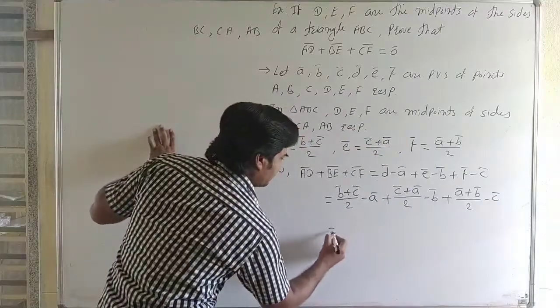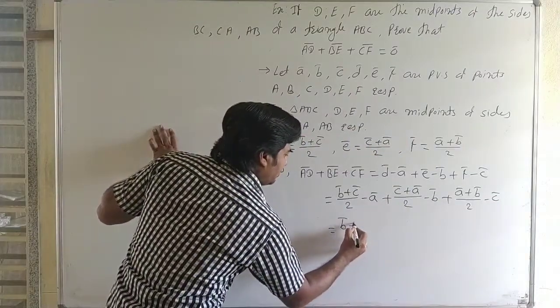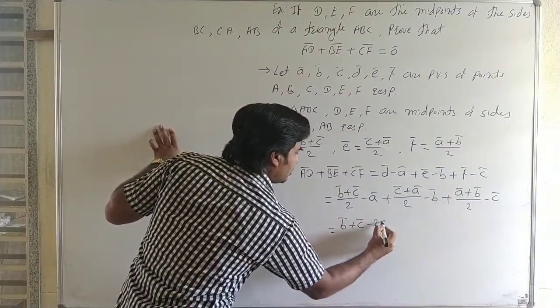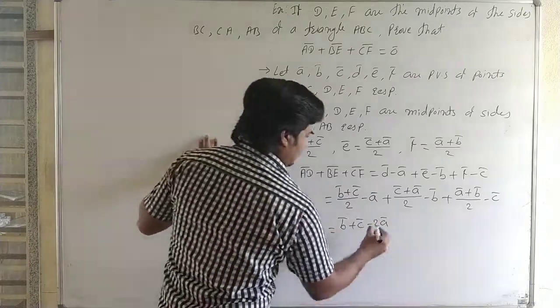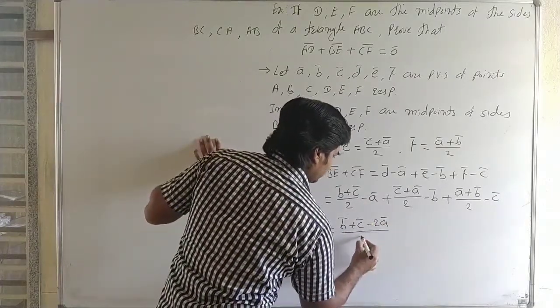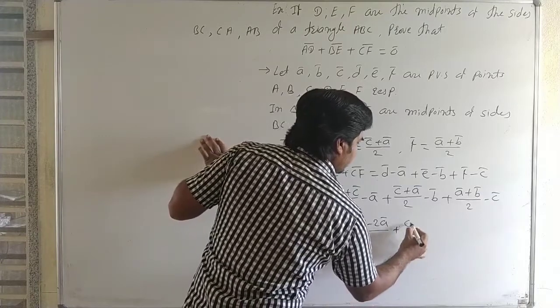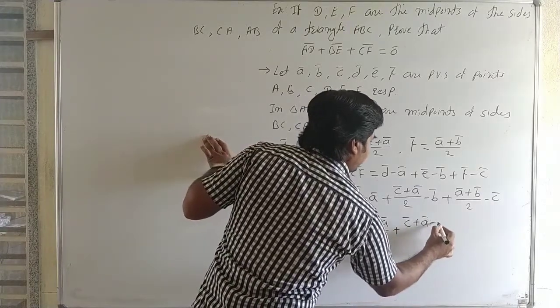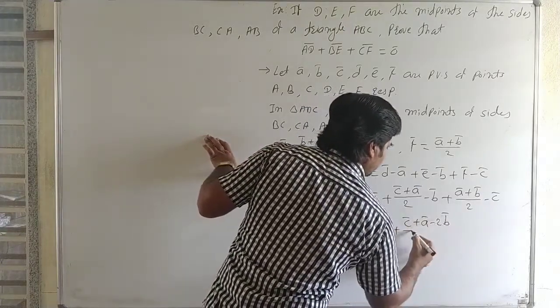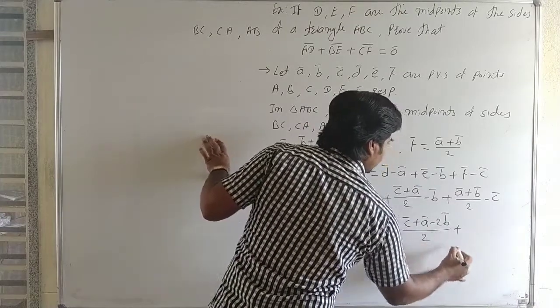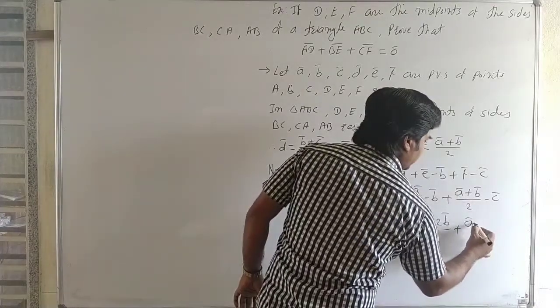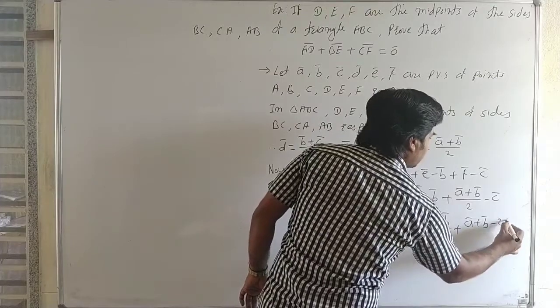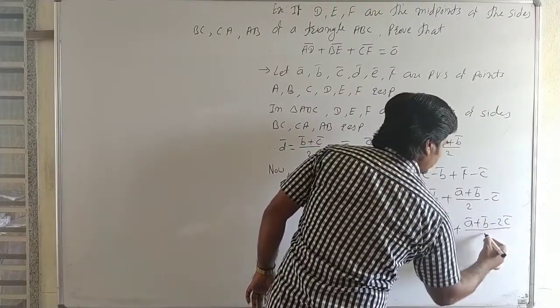Now calculate: B bar plus C bar minus 2A bar upon 2, plus C bar plus A bar minus 2B bar upon 2, plus A bar plus B bar minus 2C bar upon 2.